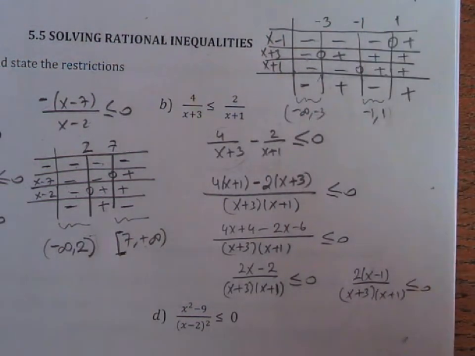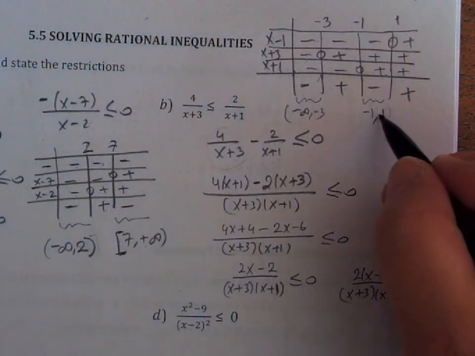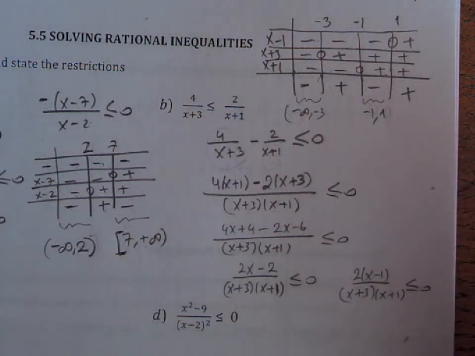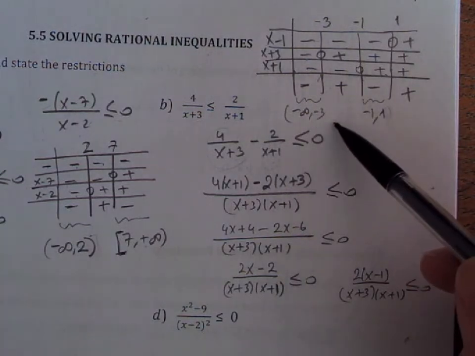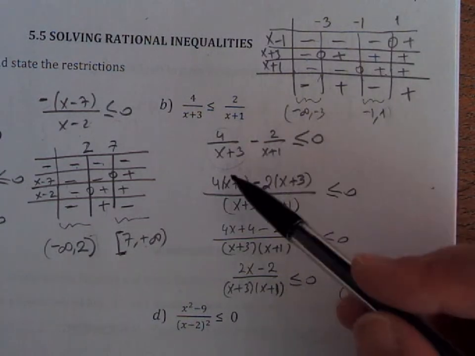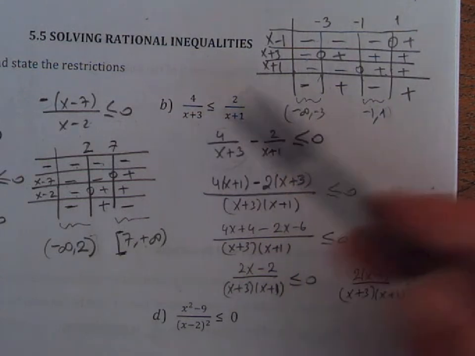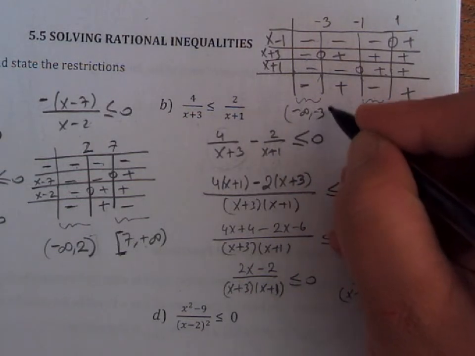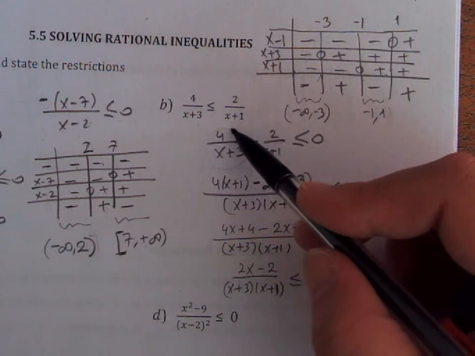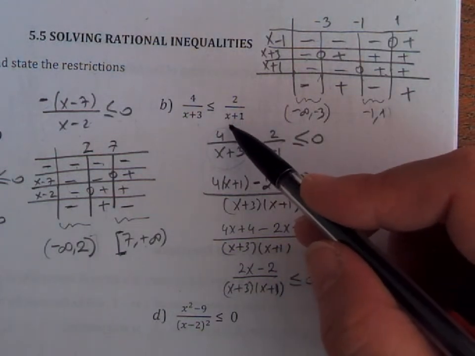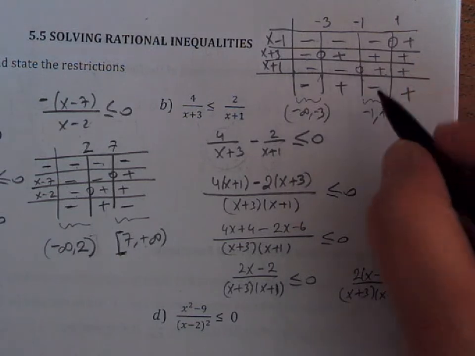So it says less than or equal to, you kind of want to put square brackets, but now you need to be careful again, right? Look at the restrictions. If one of the endpoints is a restriction, you should not be taking it. So restriction here, negative 3. So I cannot take negative 3. So I have to use round bracket. The other restriction is negative 1. Again, I cannot take negative 1.